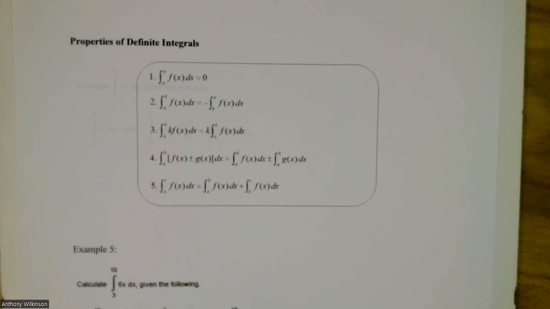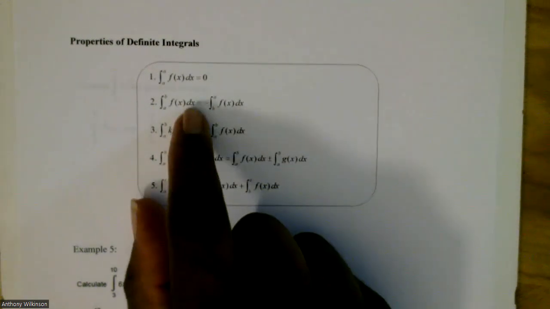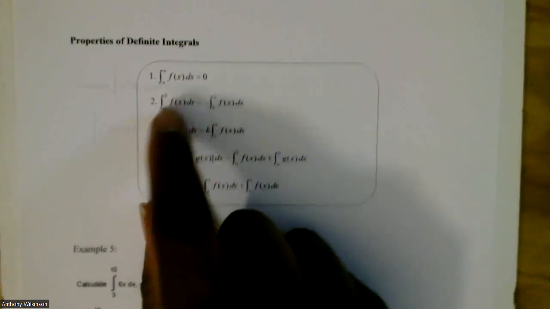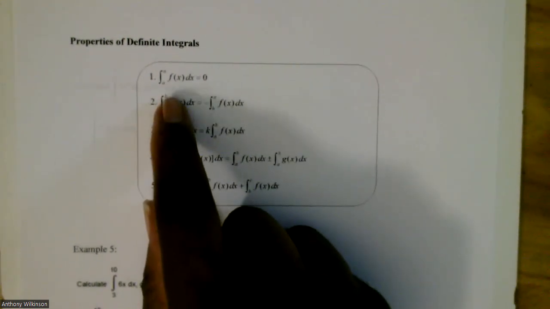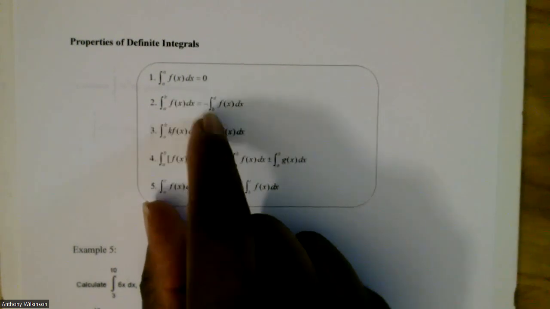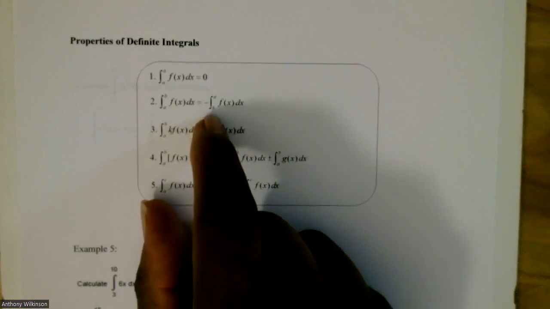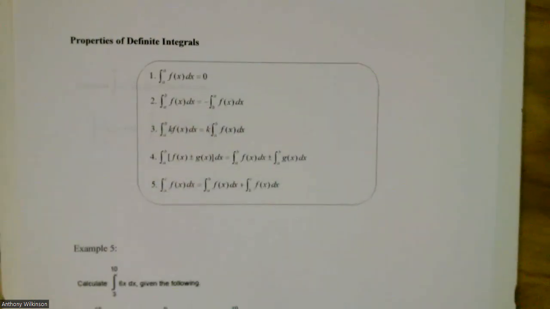And number 2, the integral from a to b of f of x dx will be the negative of the integral from b to a of f of x dx. So if you swap your limits, you have to change the sign to the opposite.